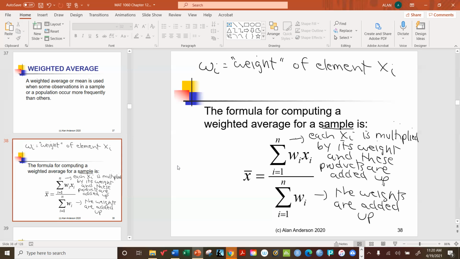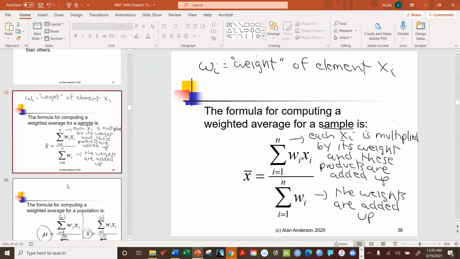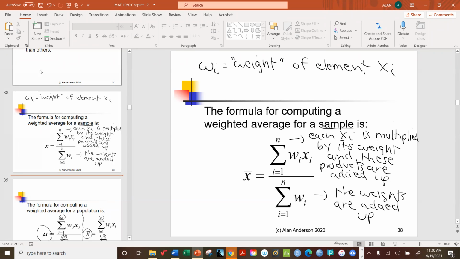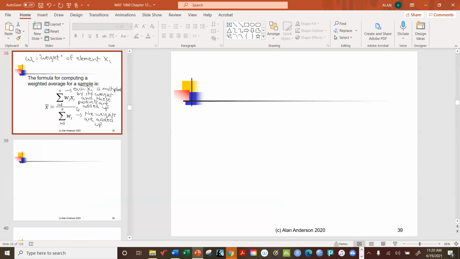So we could actually rewrite this slightly. All right, so what I'm going to do is just show you an alternative way of looking at this.